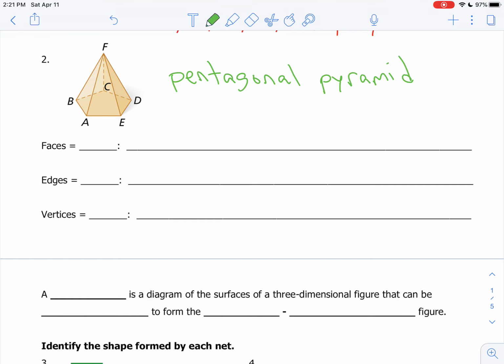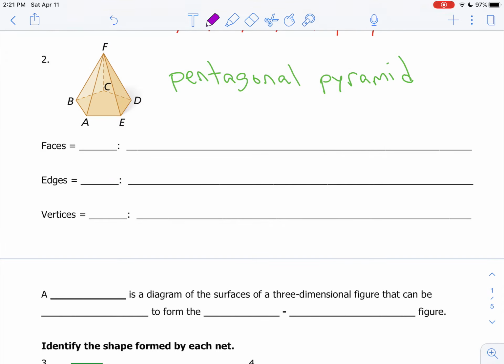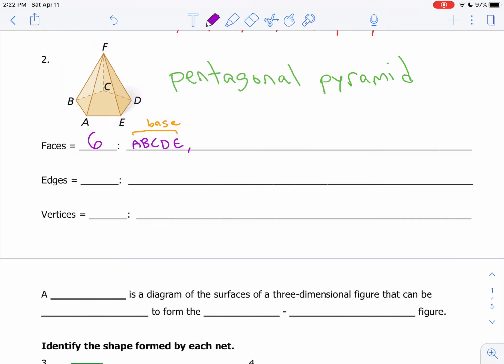All right, so here we go. If you want to pause the video, feel free. Count the faces. How many faces do you see? Hopefully you see 6. The very bottom, the A, B, C, D, E pentagon, that is the base. But we also have 5 triangles.